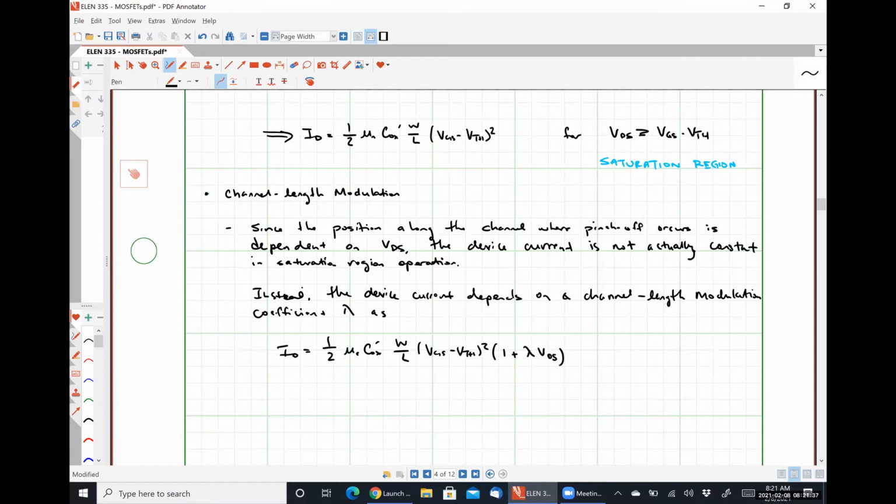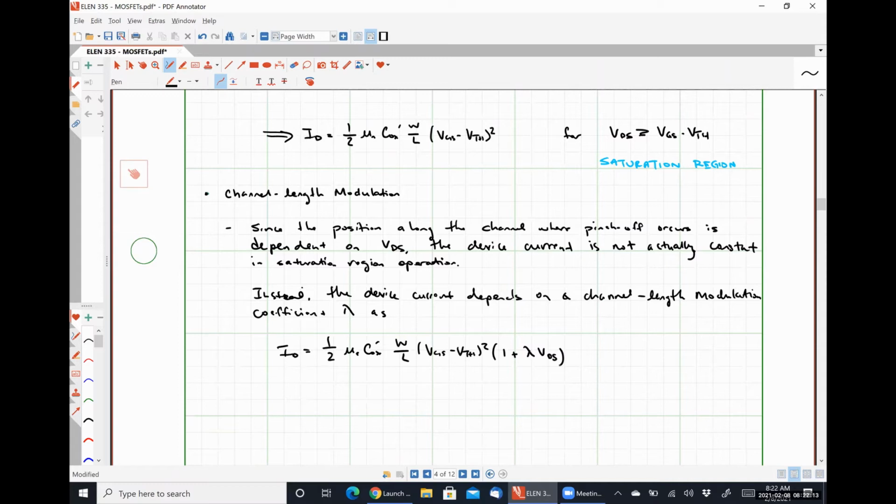As long as we maintained a constant W over L ratio, we would get the exact same device current, but we could minimize our effects of channel length modulation. So this is something that's much more under a designer's control than the early effect is. So we are going to be neglecting it an awful lot under the assumption that we simply make our transistors big enough to where it doesn't really matter. It becomes extraordinarily prevalent though in short channel devices, obviously.